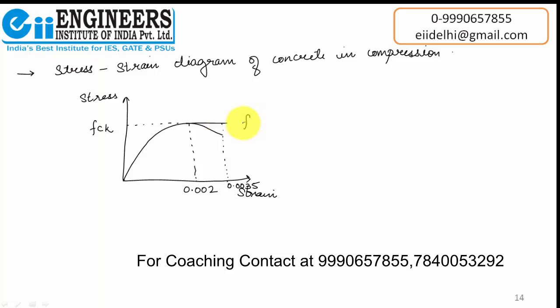So the strength of this concrete is FCK. This is the strength of a cube after 28 days of curing. But in actual practice, do we use cubes? No. In actual practice, we generally use slabs, beams, columns which are not cubes, in fact which are cuboid.